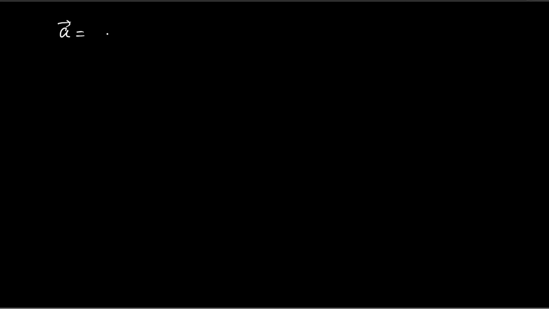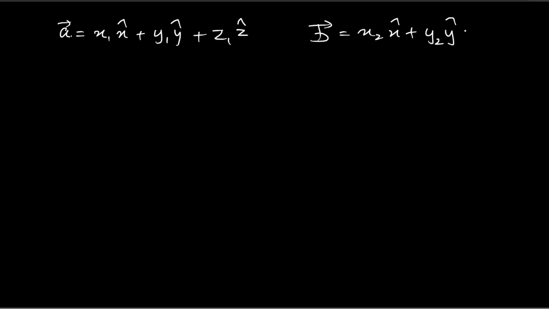Let's suppose you have the a vector represented by x1 x cap plus y1 y cap plus z1 z cap, and let me represent the b vector as x2 x cap plus y2 y cap plus z2 z cap. If I am taking the dot product, it is nothing but simply the corresponding elements should be multiplied.